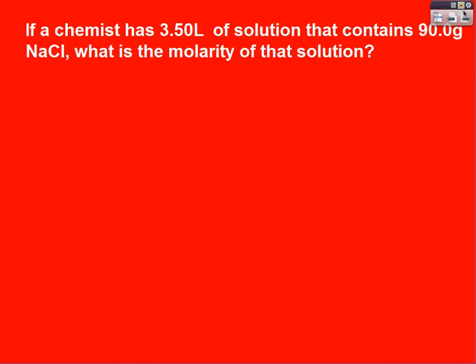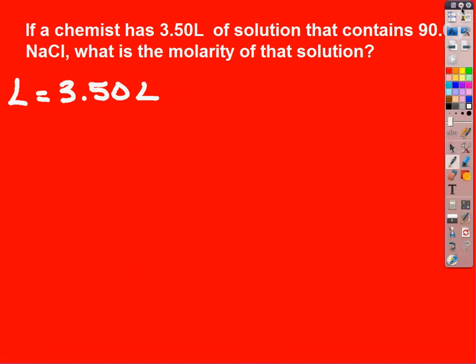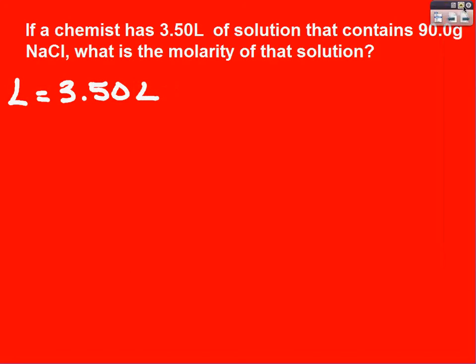So you have 3.50 liters, so that's a measurement of volume. That'll be your L. All right, 90.0 grams of sodium chloride. Is that moles, molarity, or liters? No. But what can I use that to?